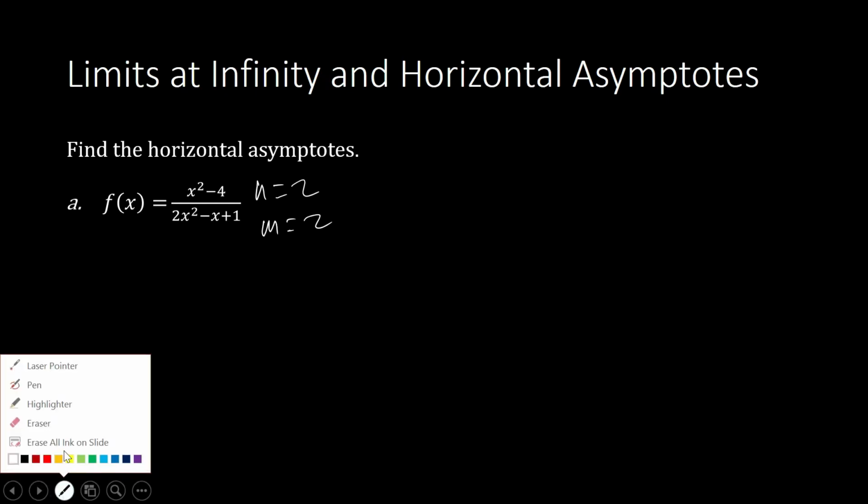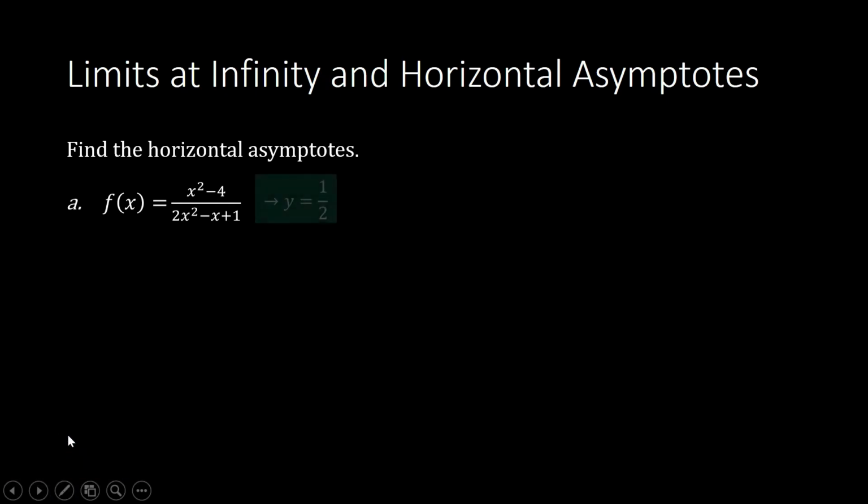Find the horizontal asymptotes. But this time, we will not look for the limit. We will just use the rules to help us find the horizontal asymptotes. So here, n is equal to 2, m is also equal to 2. So the horizontal asymptote of this function is just y is equal to 1/2.